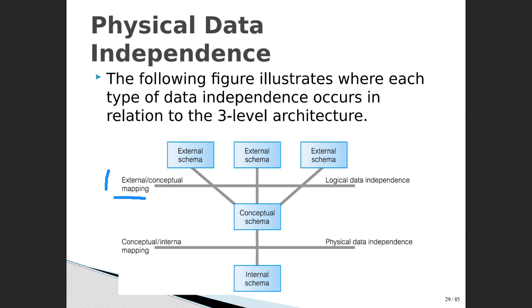The external schemas will be mapped with the conceptual schema, and the database management system will resolve differences in attribute names, attribute order, and so on. Number two, the conceptual-internal mapping. This will ensure that the logical records correspond with the physical records in the internal schema. So two types of mapping and two types of data independence.